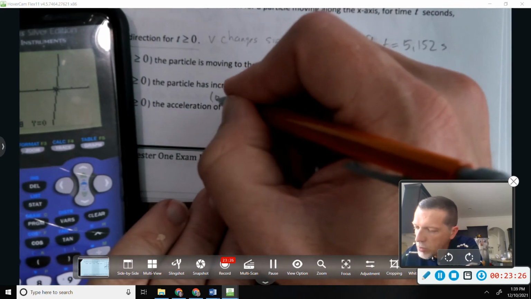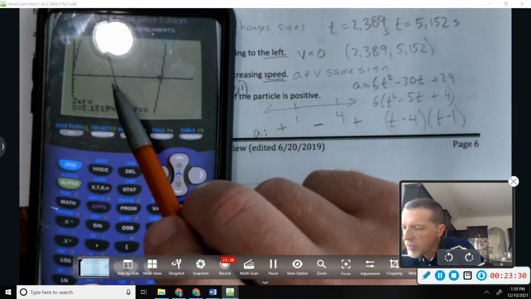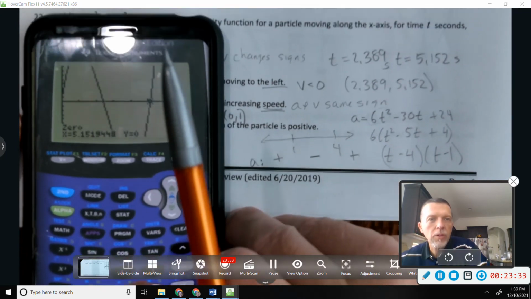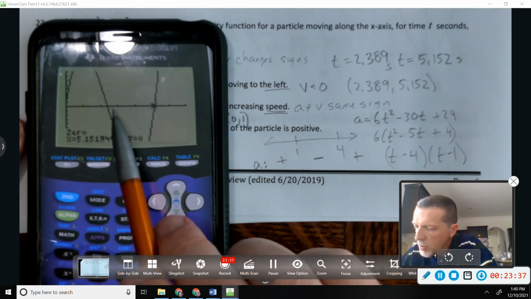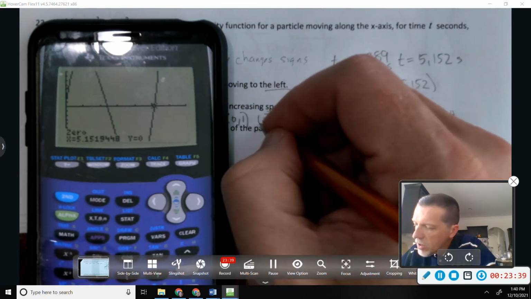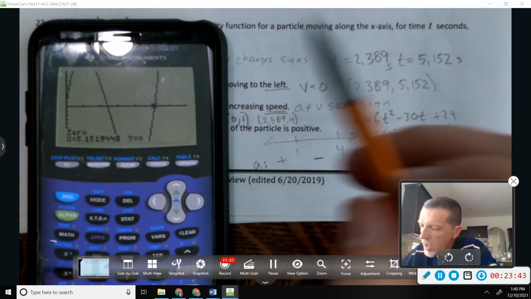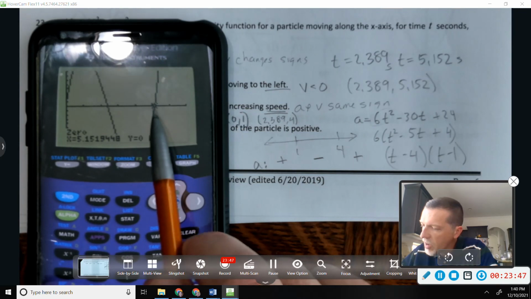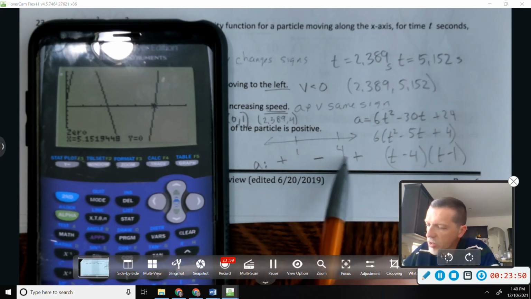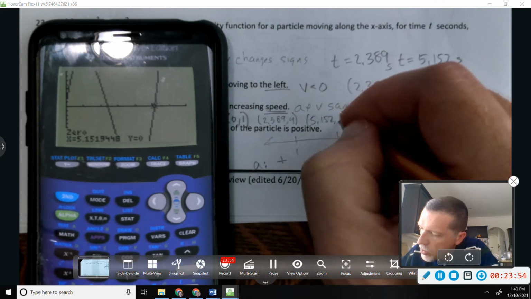So from 0 to 1, they're both positive. It goes negative at that point, which we already found was 2.389, and stops at 4. So 2.389, comma 4. And then they're positive. The velocity turns positive at 5.15. Acceleration's already positive there, so 5.15 to infinity.